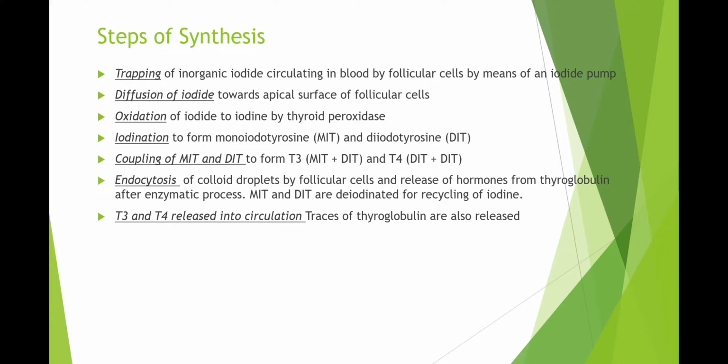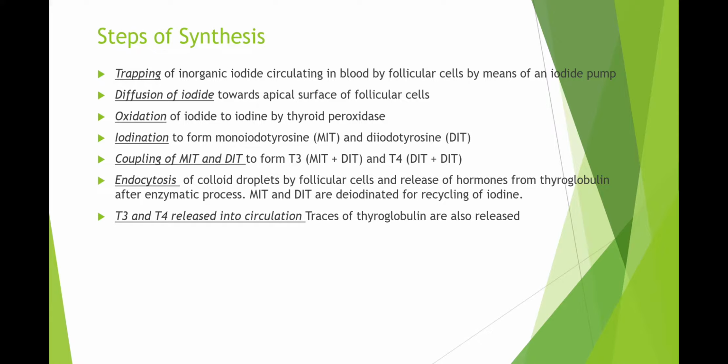They are as follows. It starts with the trapping of inorganic iodide circulating in blood by follicular cells by means of an iodide pump. Then there is diffusion of iodide towards the apical surface of follicular cells.